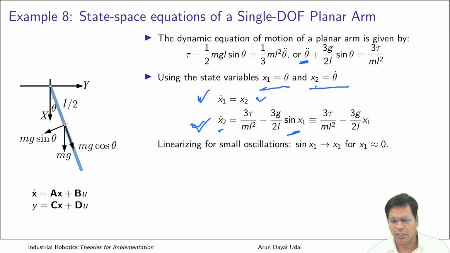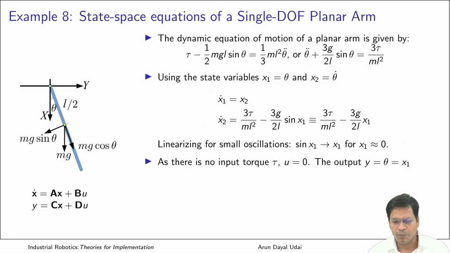Okay, for very small oscillation, because you see this is a non-linear type of system, so it cannot be directly converted to a state space form. So this time you have to do a little linearization. So for very small oscillation, sine x1 tends to x1, so if you are making small oscillations this approximation can be done. So I can directly put x1 instead of sine x1.